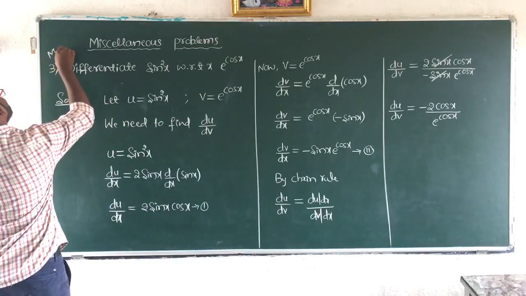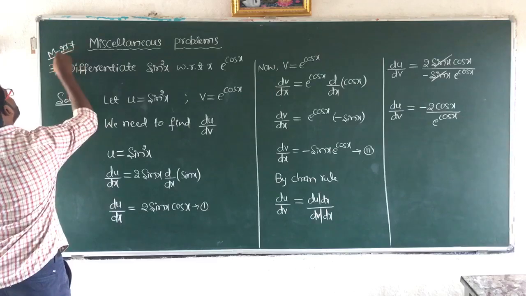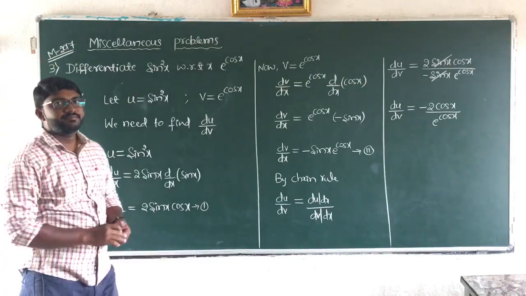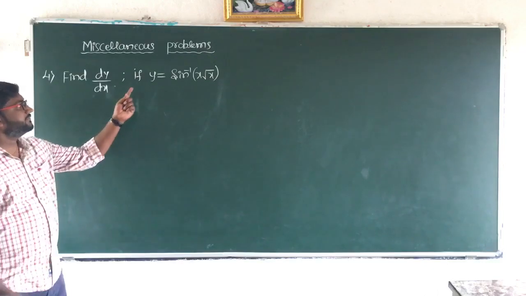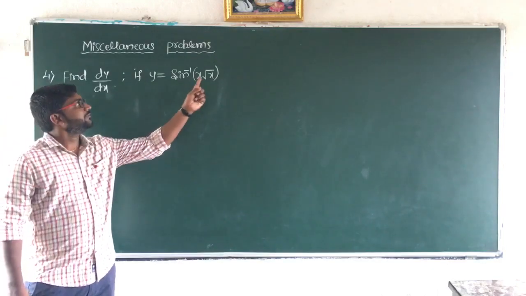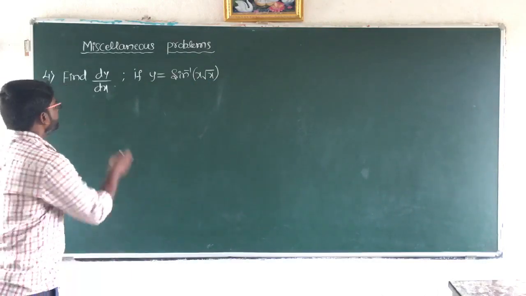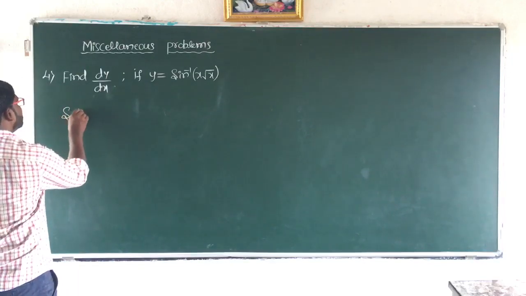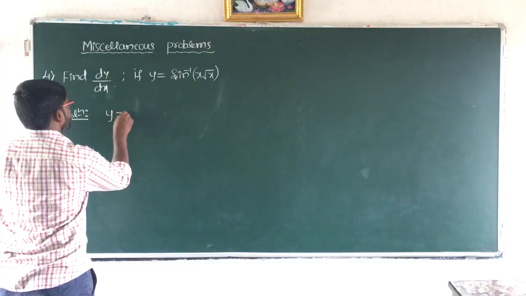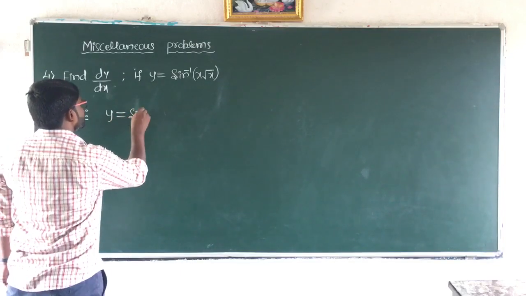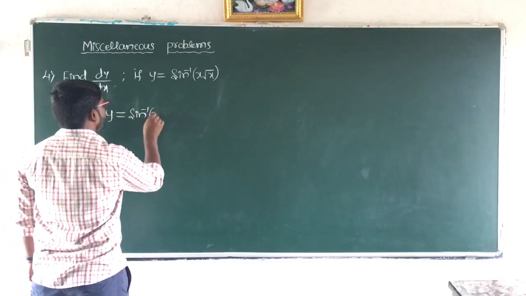March 2017 for 2 marks. So the next problem is, find dy by dx if y is equal to sin inverse of x root x. So I write the given function y is equal to sin inverse of x root x.